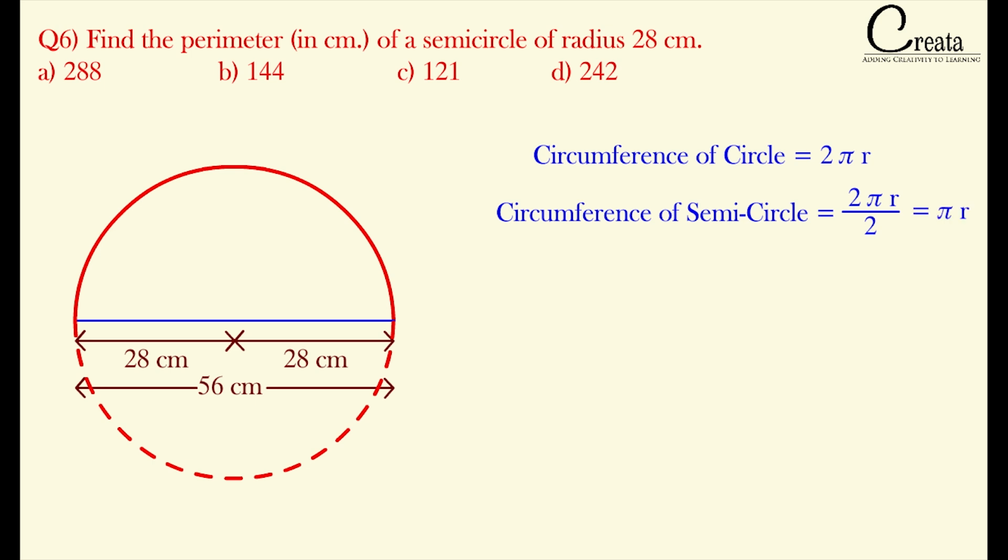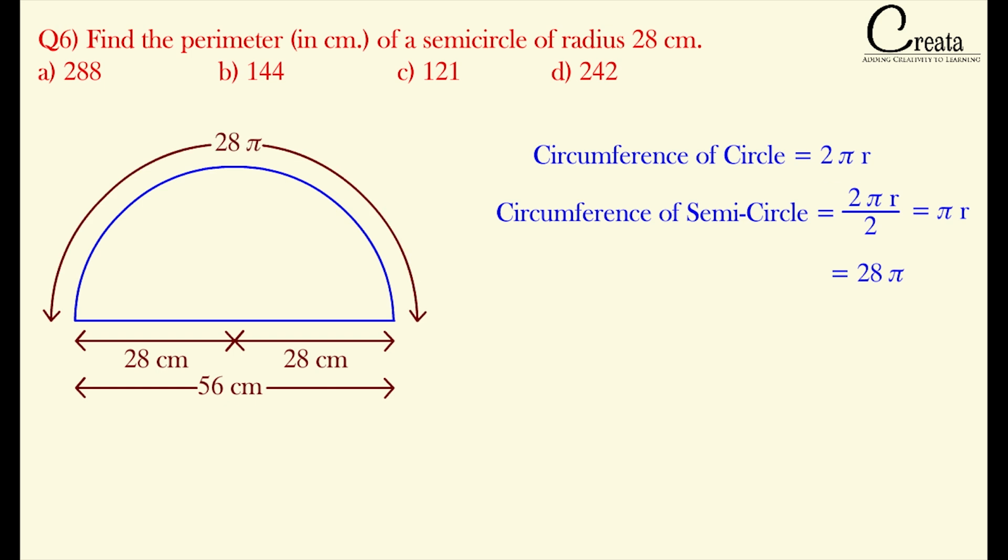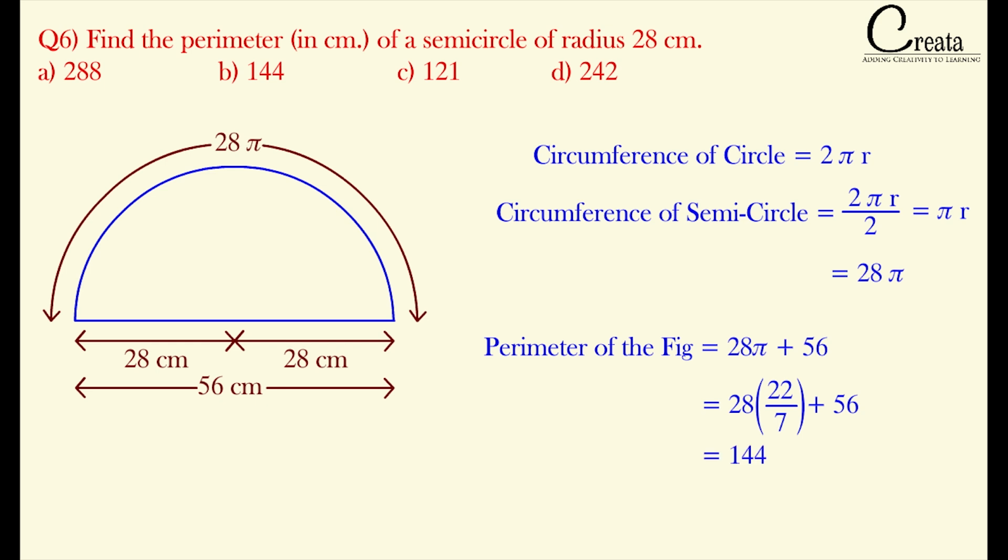And r is given as 28 cm. So we got the semicircumference as 28 times pi. Okay, we got all the boundary of this semicircle. Let's add all the boundaries. So we got the perimeter of this complete figure as 144 cm. Okay, that is the answer of the question.